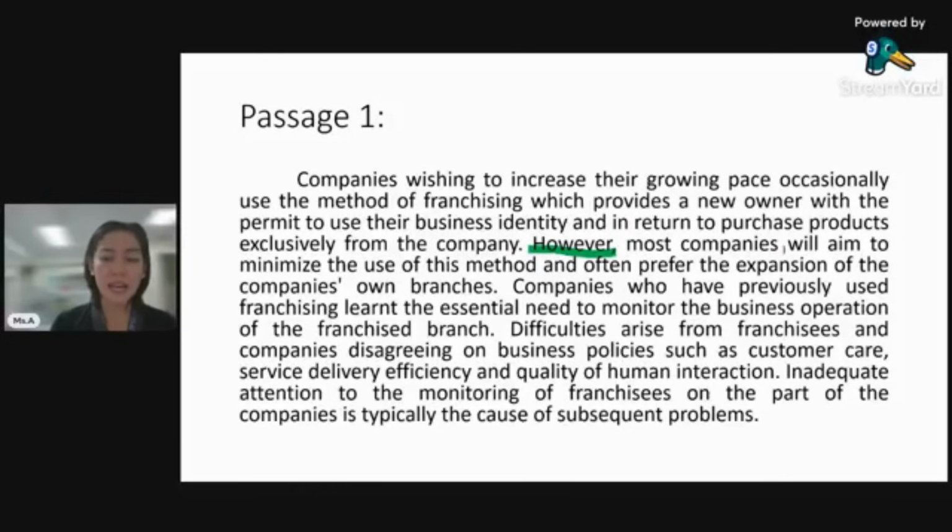Difficulties arise from franchisees and companies disagreeing on business policies such as customer care, service delivery efficiency, and quality of human interaction. So, inadequate attention to the monitoring of franchisees on the part of the companies is typically the cause of subsequent problems. So, again, dyan lang po maglalaro yung magiging sagot mo dun sa mga questions.